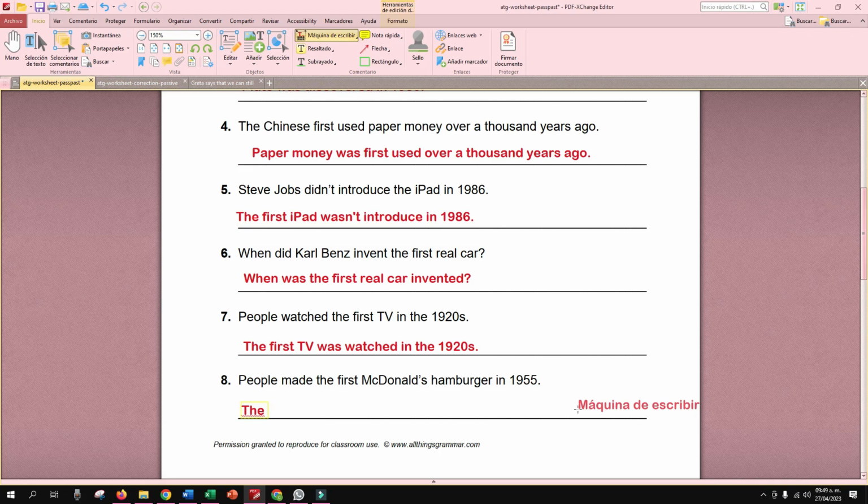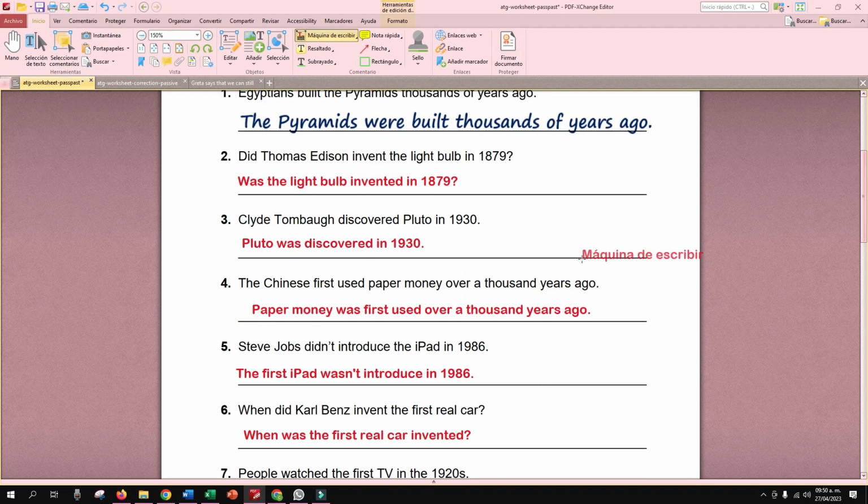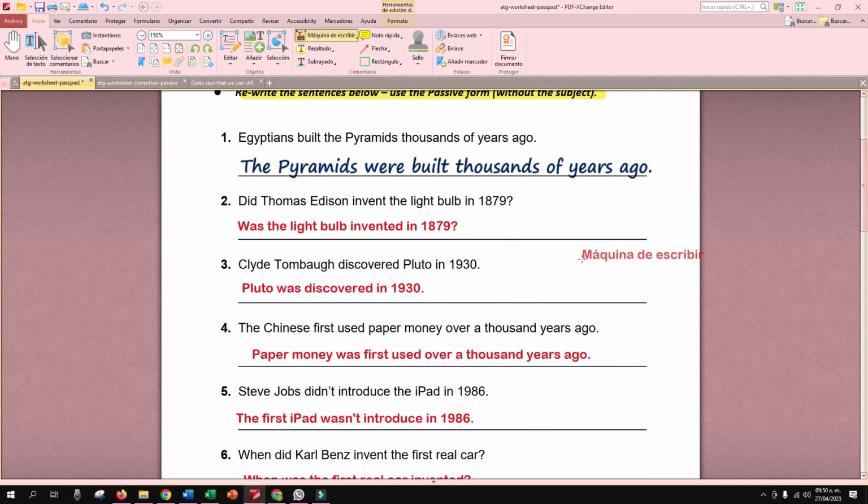So the first McDonald's hamburger was made in 1955. Excellent. Very good, guys. That's great, right?